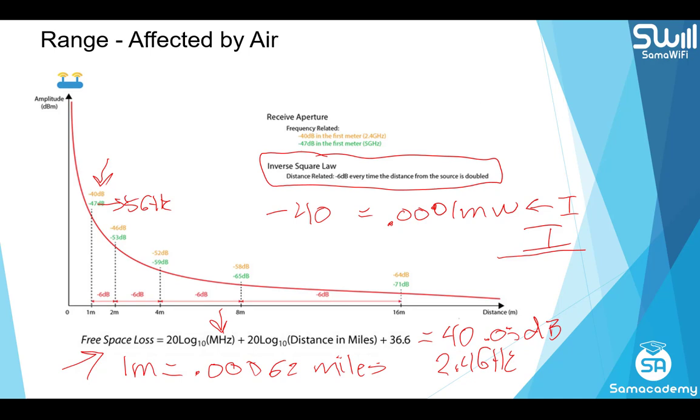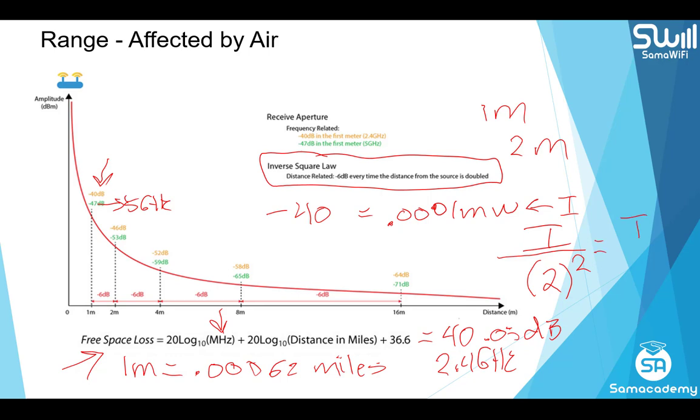If we are evaluating 1 meter, let's say that it increased to double the distance, 2 meters. So intensity should be divided by 2 meters squared.